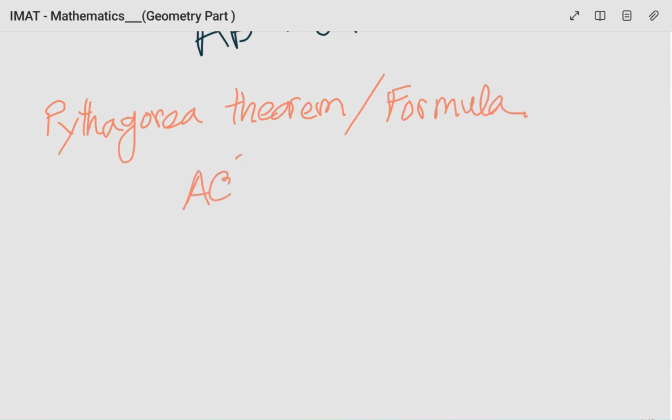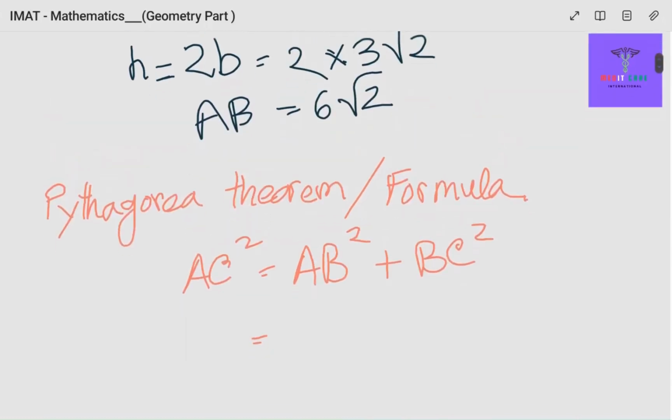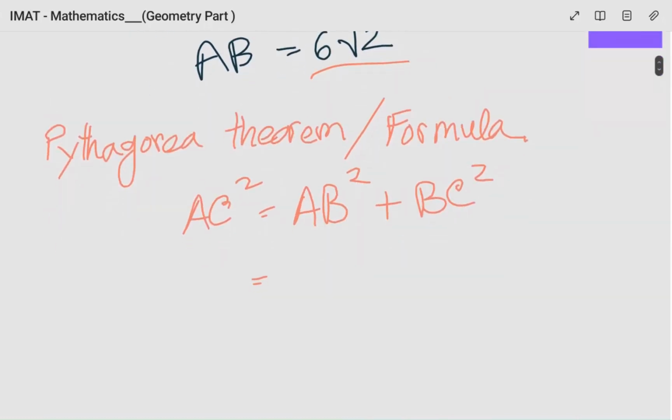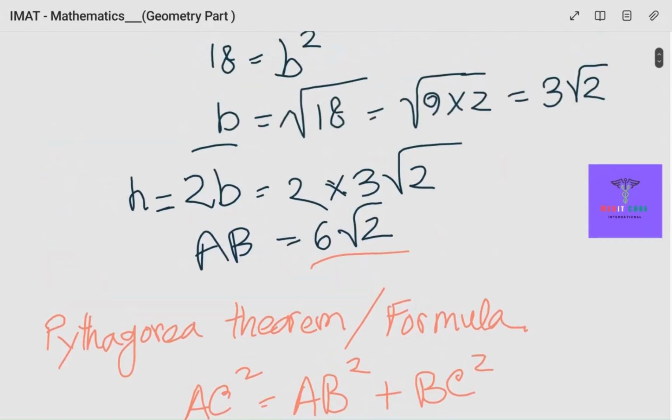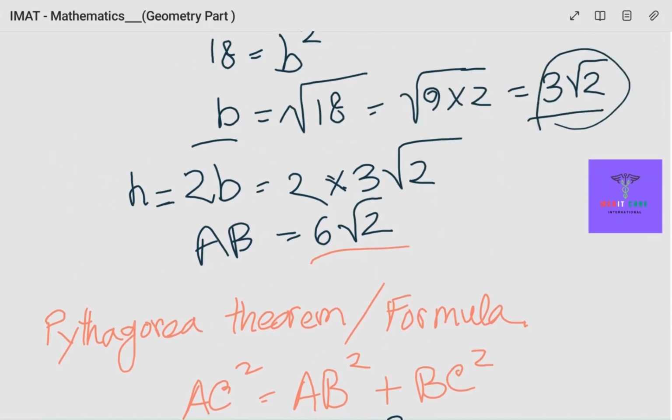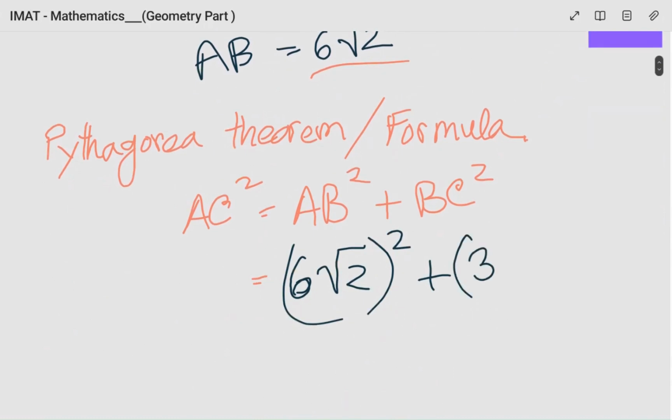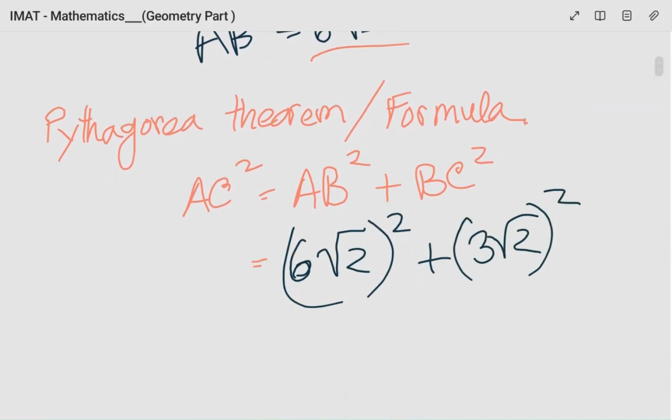This is AC square equal to AB square plus BC square. Now we got the value for AB is 6 root over 2, we'll put the value: 6 root over 2 square plus we got the value for BC, which is 3 root over 2, so 3 root over 2 square.